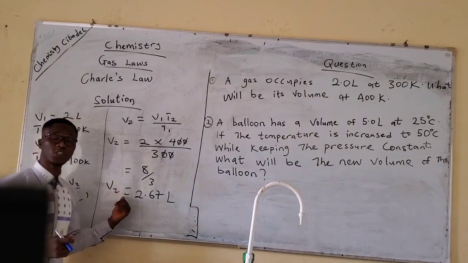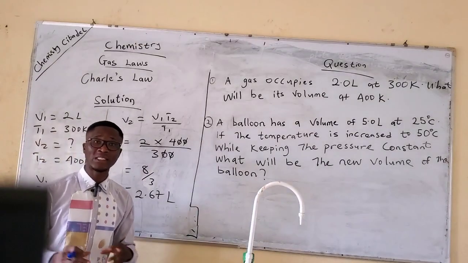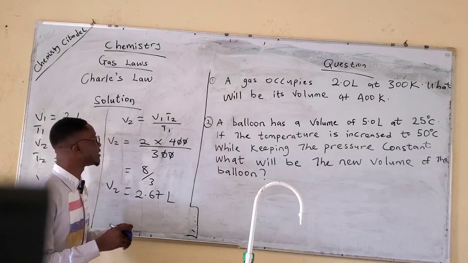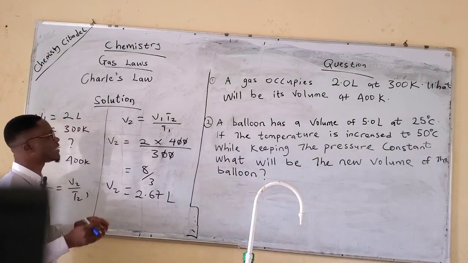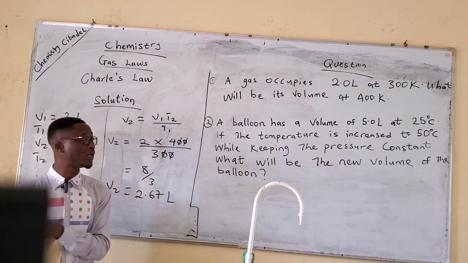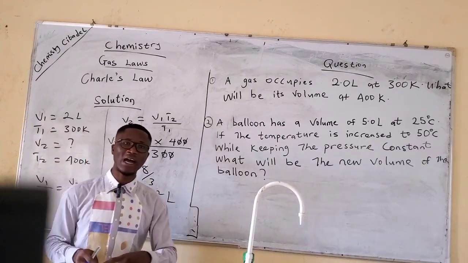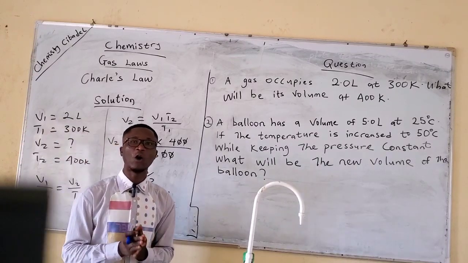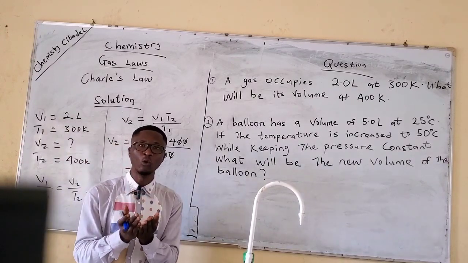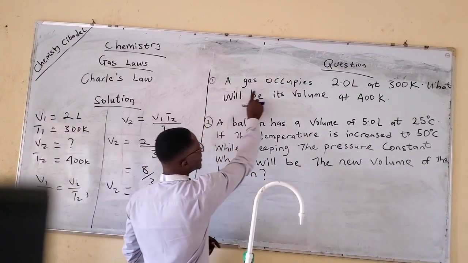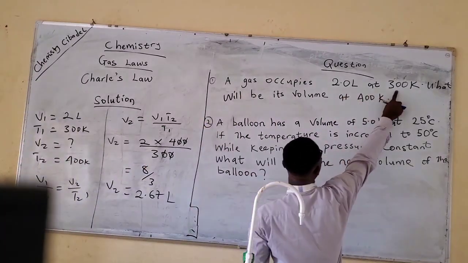Now, let's go back to the relationship of volume and temperature as given by Charles' law. He said the volume is directly proportional to the temperature. That is, when the temperature rises, there will be a volume increase. When the temperature falls, there will be a volume decrease. Now, look at this. They say a gas occupies 2 liters at this temperature.